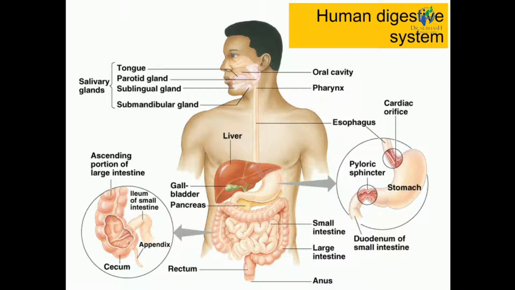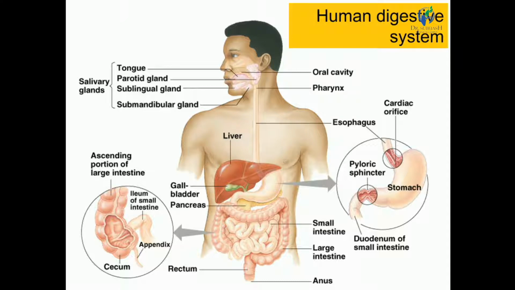Salivary glands include the parotid gland, sublingual gland and submandibular gland. Next is the pharynx. Next is the esophagus, a tube which carries food from the oral cavity to the stomach. Next is the stomach, which is a J-shaped organ.